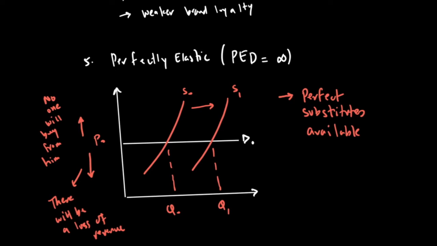Let's say I'm selling it for $10, and my competition, selling an identical good, raises the price to $12. Will anyone buy from him knowing that there is another producer with a price of $10? The answer is no. So that producer who raises his price above P0 will lose all his sales.